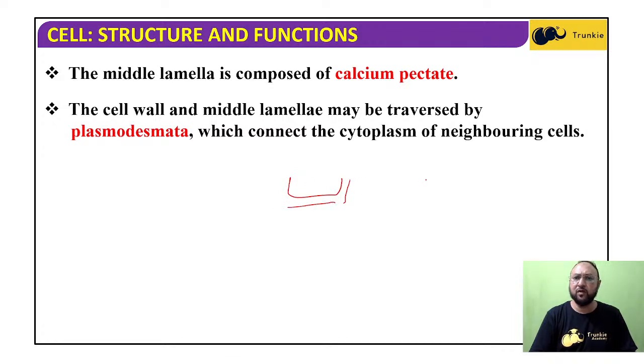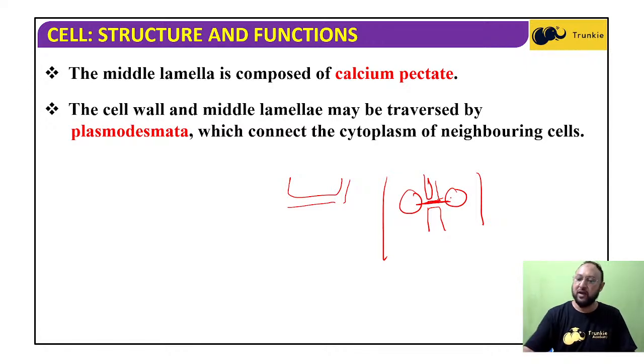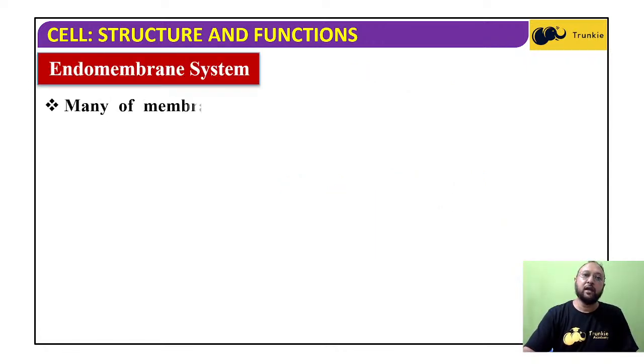This connection is very small and connects one cell to another, so there is a connection between the two cytoplasms. That is the plasmodesmata.